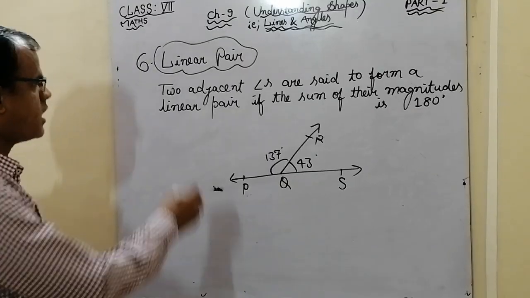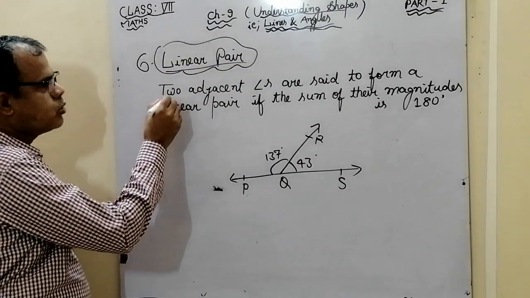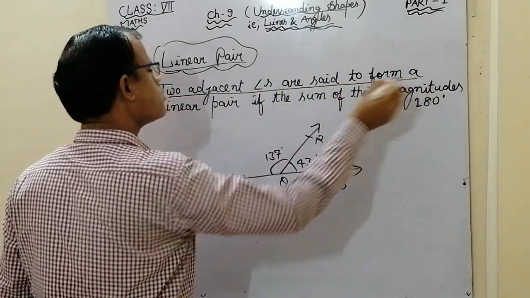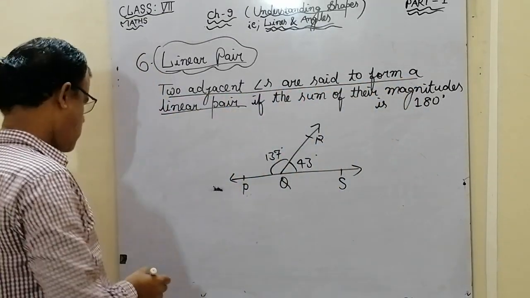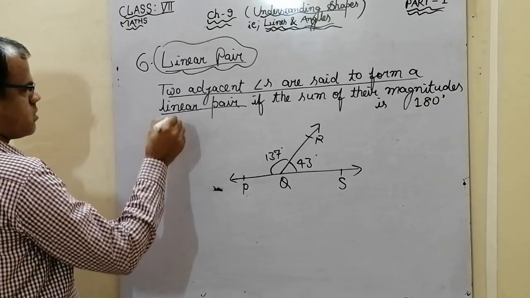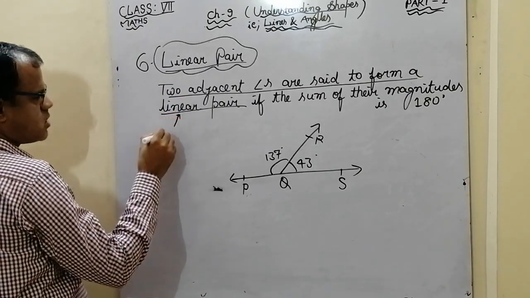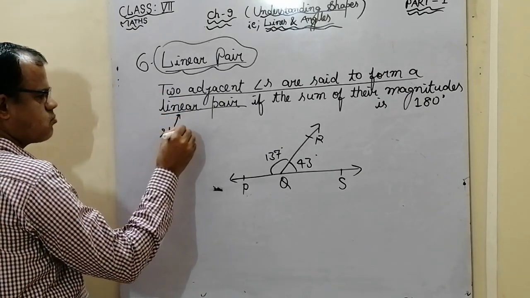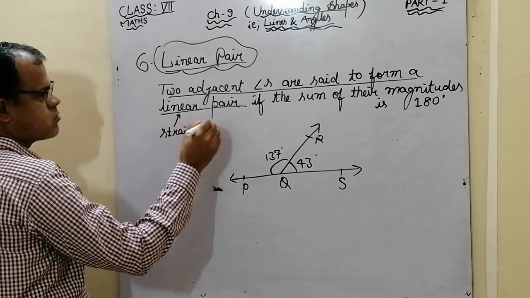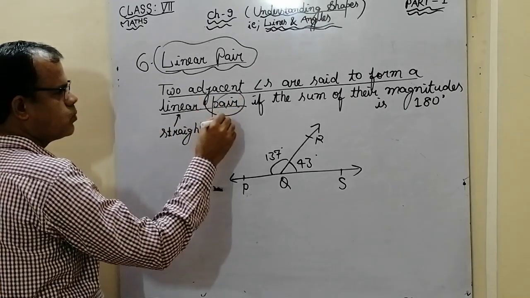Yes student, next, linear pair. Two adjacent angles are said to form a linear pair. Linear means straight, and pair means two.